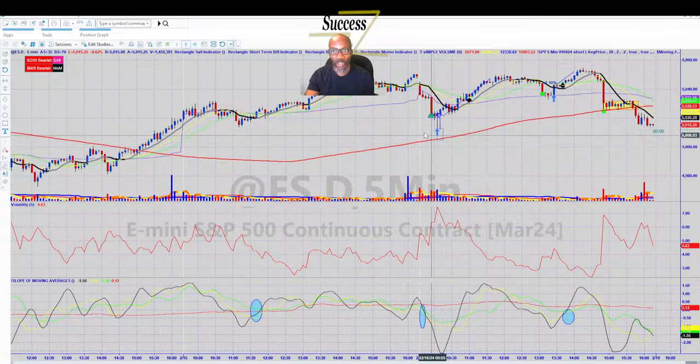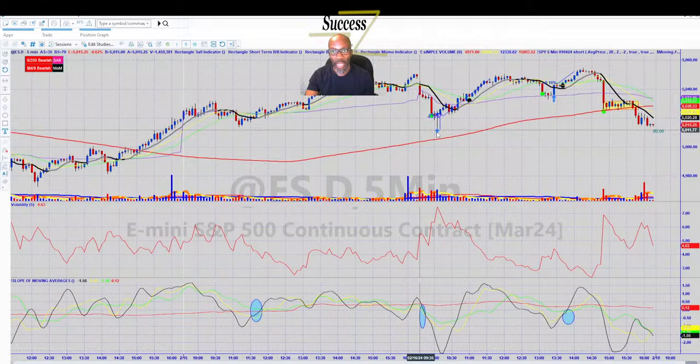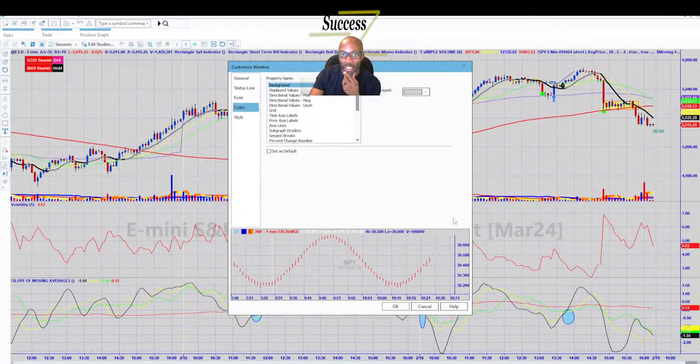Okay, yeah, so when you click on it, it eventually shows up that this is a reversal signal. Man, that is slow. Wow. All right, I'm going to give my computer a break. It's done well.